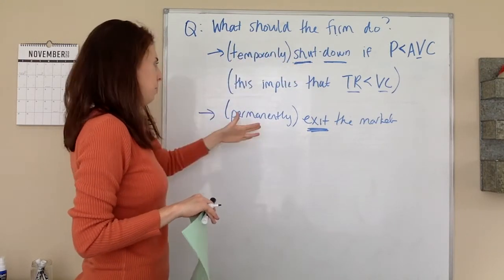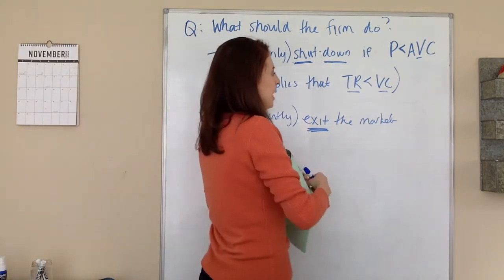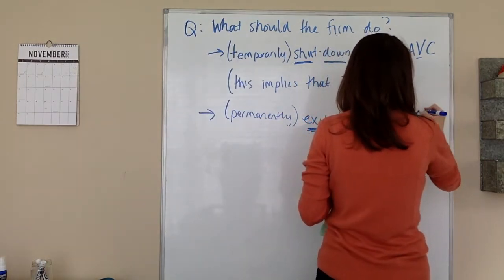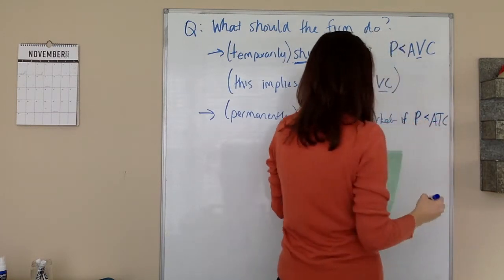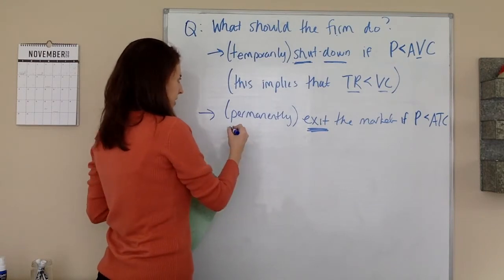Okay, so back to his decision. The firm owner should permanently exit the market if the price that he's taking is less than the average total cost. Okay, why is this the case?